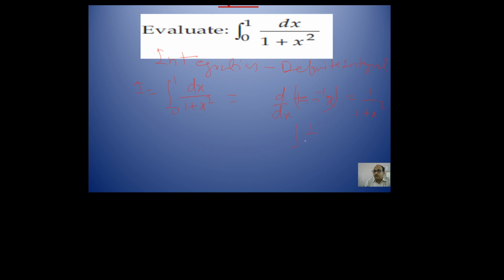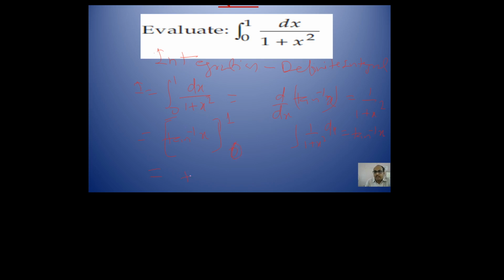So integration of 1 by 1 plus x square dx will be tan inverse x. So this is just the formula of tan inverse x, and this 0 and 1. Here we will not be writing plus c. Why? Because it is definite integral. So it will not be having plus c.